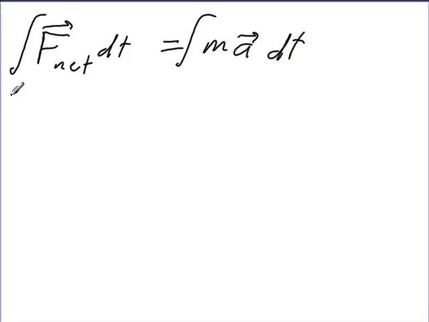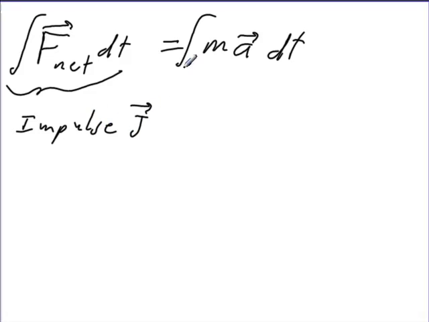This side we gave a name. We said it was the impulse, J. And this side we could actually integrate. m was constant, a was equal to dv/dt.